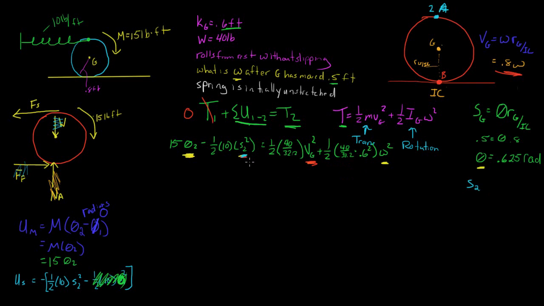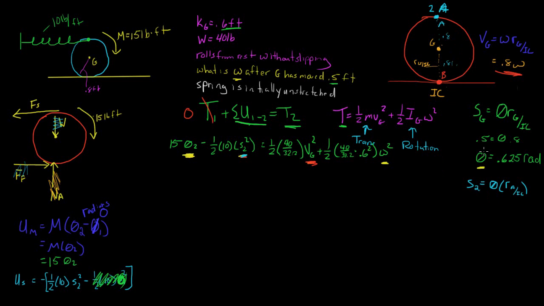So S2, the distance that I move, is going to be equal to theta, how far I rotate, times this r of A with respect to the instantaneous center. And this is going to be 1.6 because this right here is 0.8 feet, this right here is 0.8 feet, 0.8 plus 0.8 is 1.6.